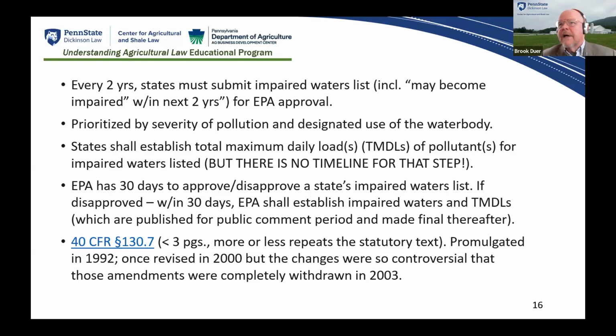But the bottom line is these changes were so controversial around that time. And this was the transition between the end of the Clinton administration and the beginning of the George W. Bush administration. They were revised in 2000, and then there was so much hubbub and controversy about them that the incoming George W. Bush administration completely withdrew them. And so it went back to the 1992 versions, and that is what we still have to this day.